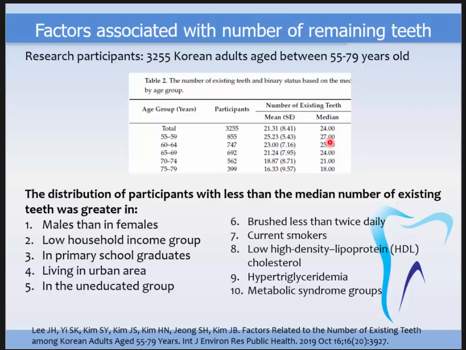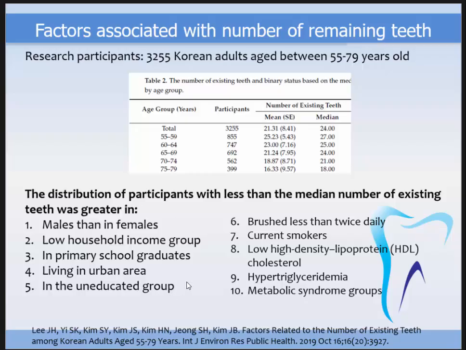So if you are in this age group and have fewer than 27 teeth, they then look into all the factors associated with the number of teeth and what causes you to have more tooth loss compared to the median number of existing teeth. They found that men have a higher risk, as do patients with a lower household income, primary school graduates, those living in urban areas, and the uneducated group.